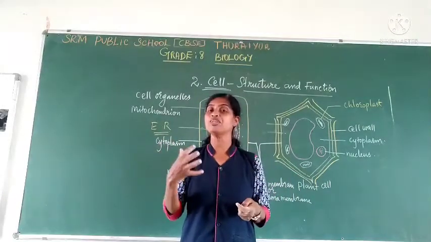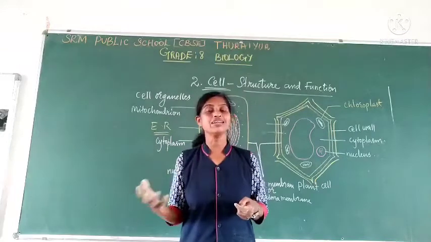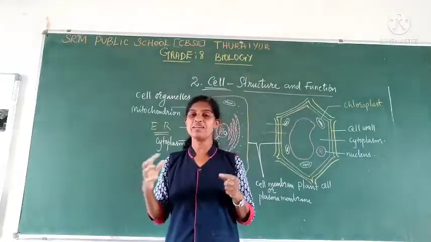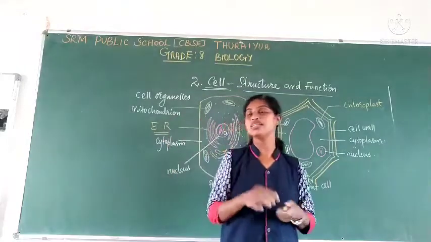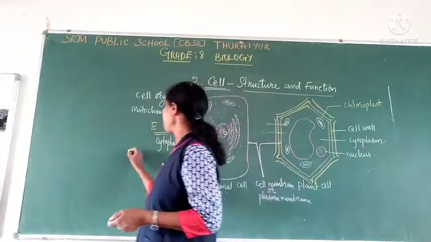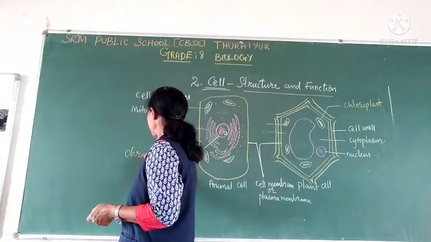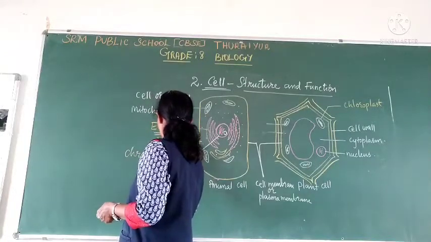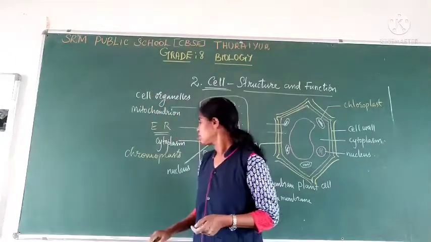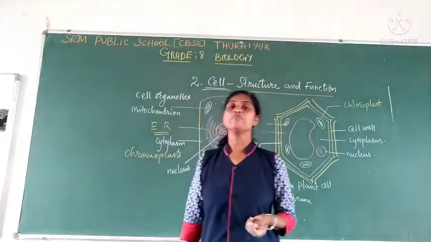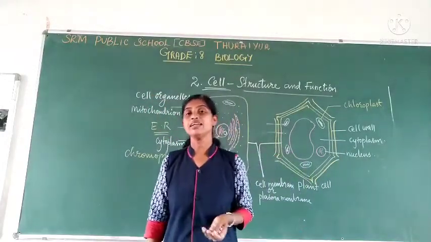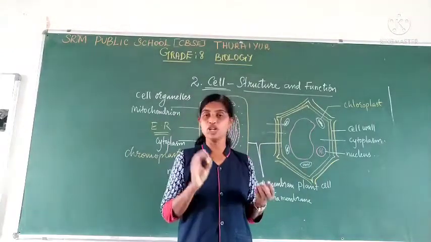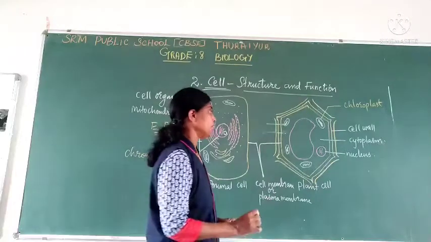Flowers and some leaves are differently colored, like yellow, orange, red and so on. They are because of the presence of coloring pigments called chromoplasts. Then a colorless one is also there, that is called leucoplast in plants.